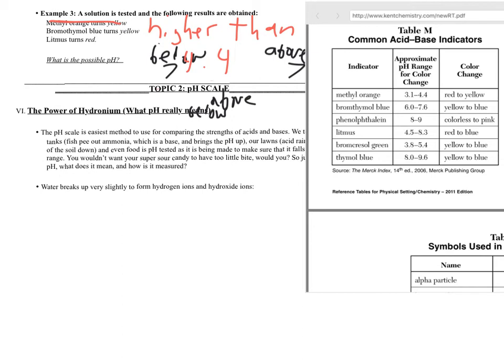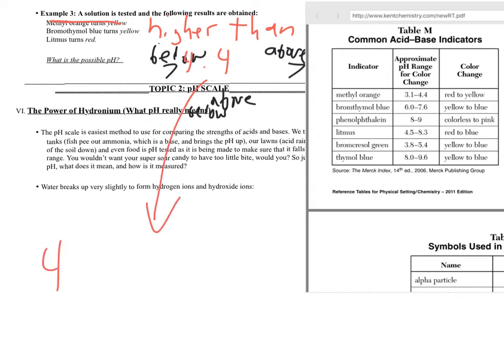So let's take a look at that second part. It says bromthymol blue turns yellow. So if I look at bromthymol blue, in order for it to be yellow, it has to be lower than this pH range. So it's got to be lower than 6. We also decided that it was going to be higher than 4.4. So right now I've got kind of a little range already.